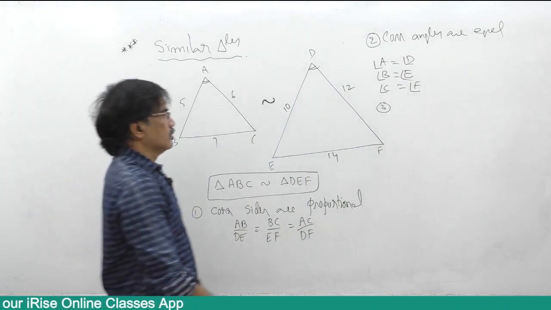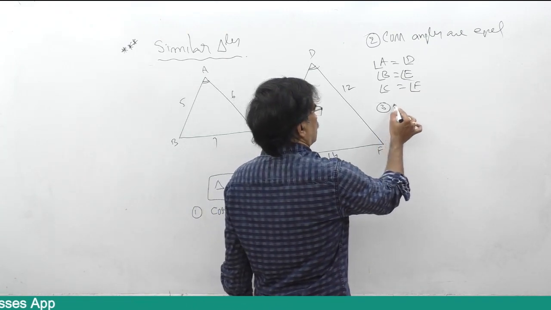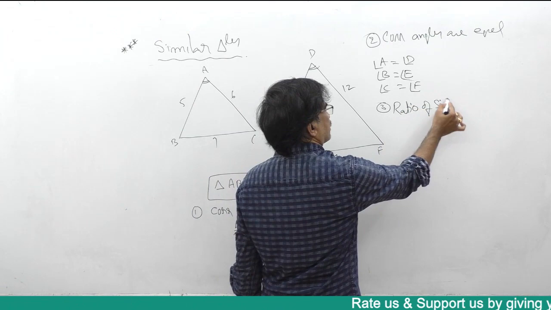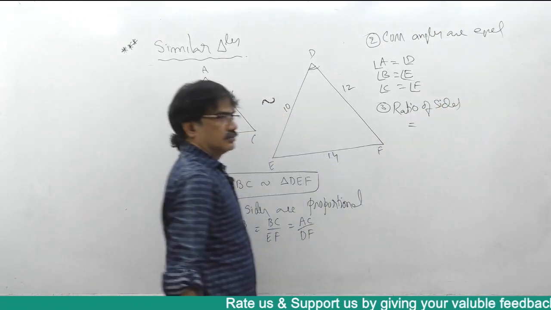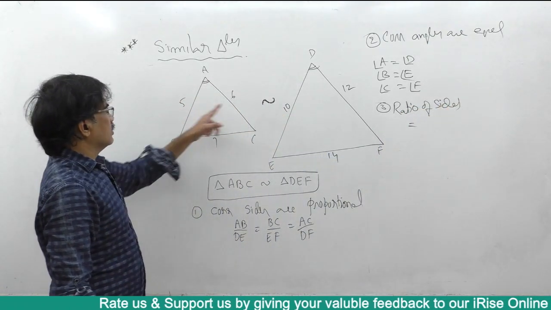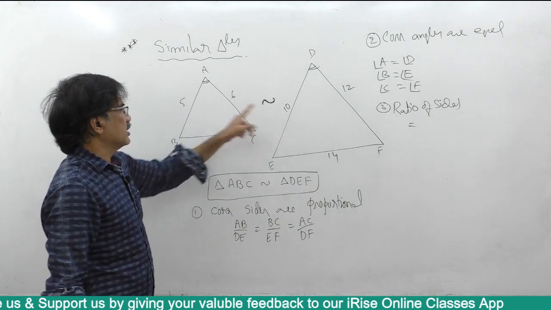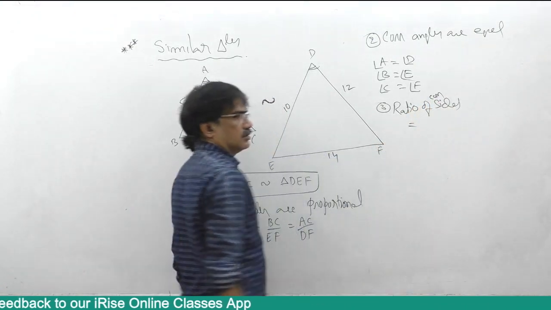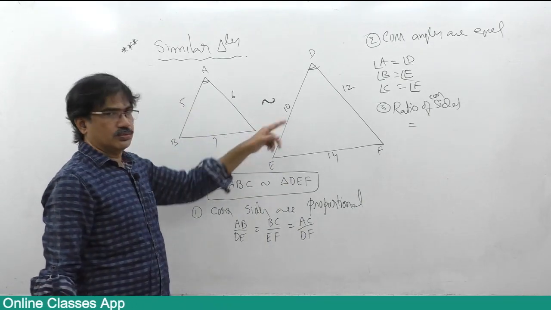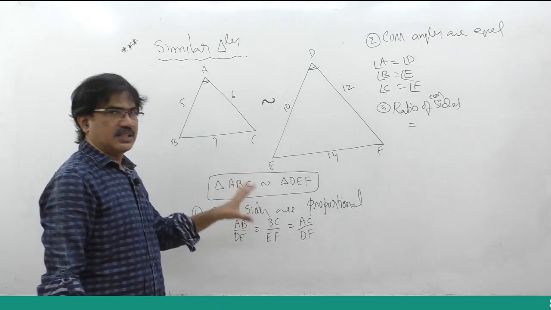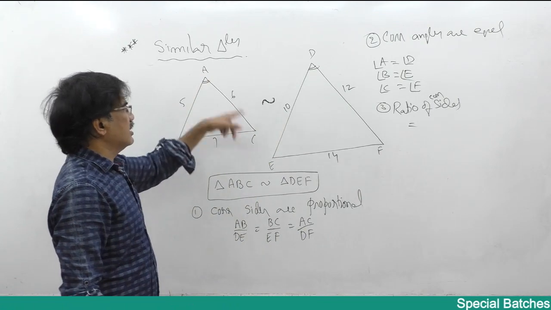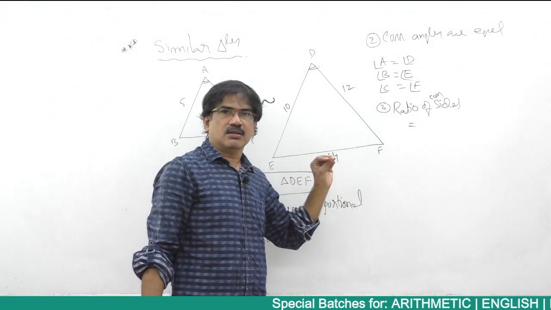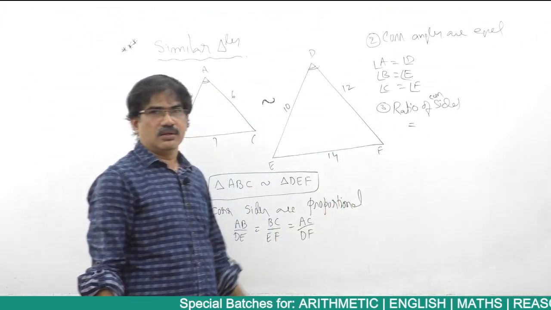Next, what about the ratio of sides? See here, the ratio of corresponding sides is 1:2. The meaning of that is, not only the sides of the triangle, any two corresponding lines are in the same ratio.